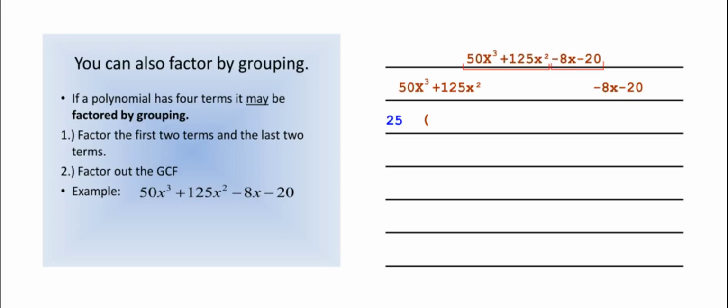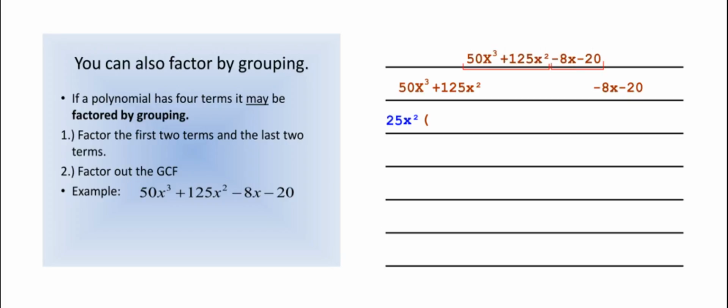Well, yeah, they're multiples of 25, so that's what they have in common. Not only that, but both of them have x's. How many x's are in common? One has 3, the other one has 2, so they have 2 x's in common. So 25x squared is what they have in common. This is our greatest common factor between those 2 terms.